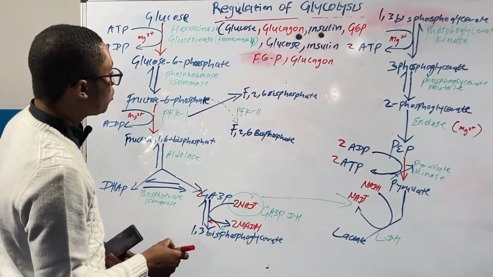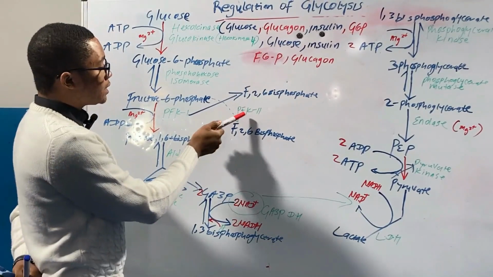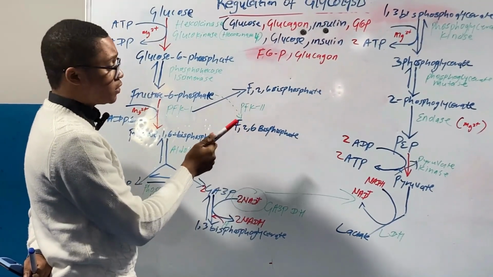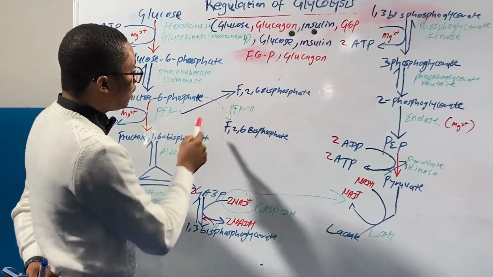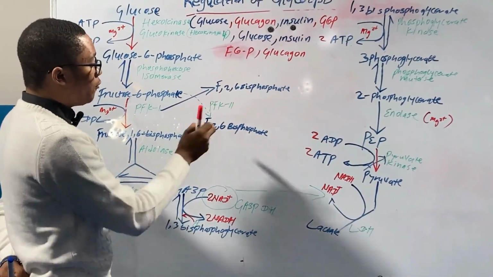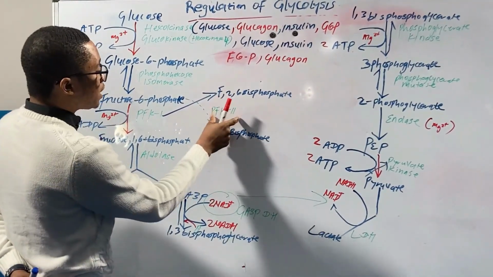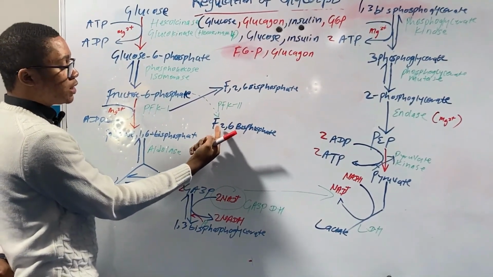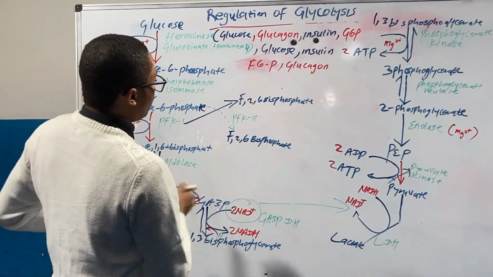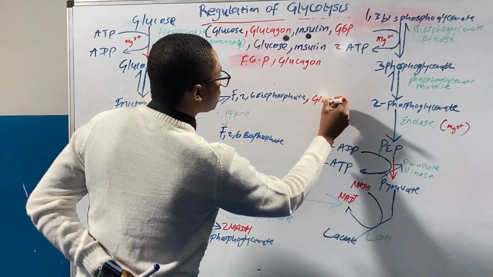Glucagon phosphorylates phosphofructokinase type 2, the enzyme that converts fructose phosphate into fructose bisphosphate, and deactivates it. Since this enzyme is deactivated, there is a reduction in the amount of fructose 2,6-bisphosphate. So glucagon inhibits these enzymes. Our inhibitor here is glucagon.